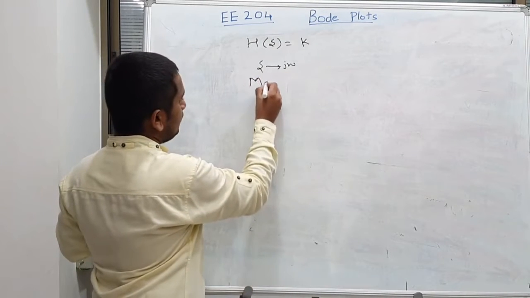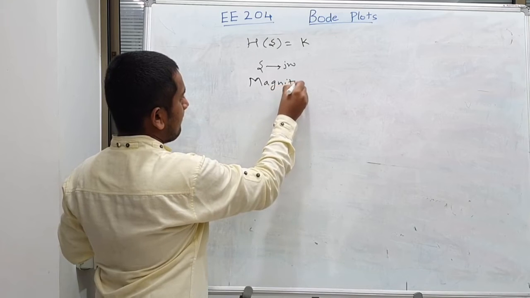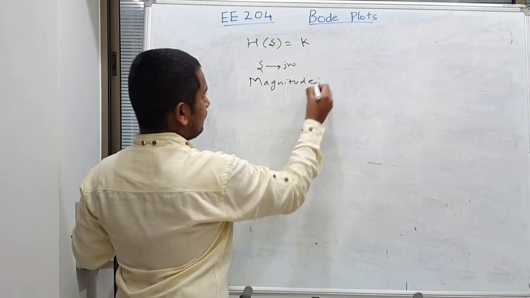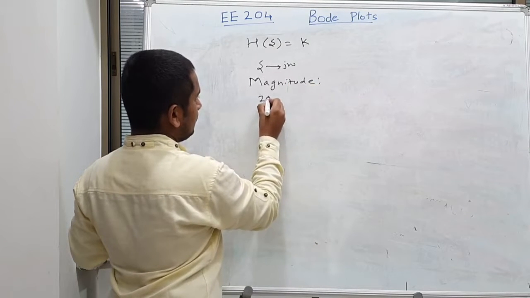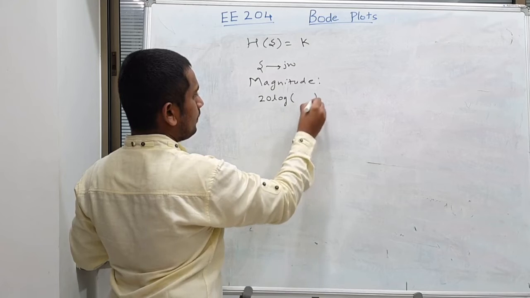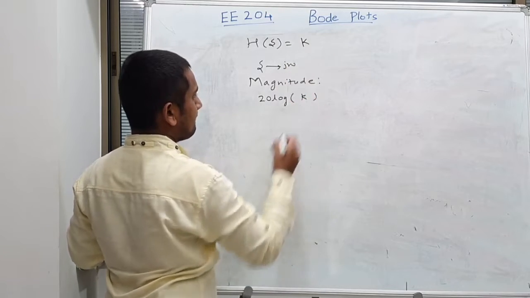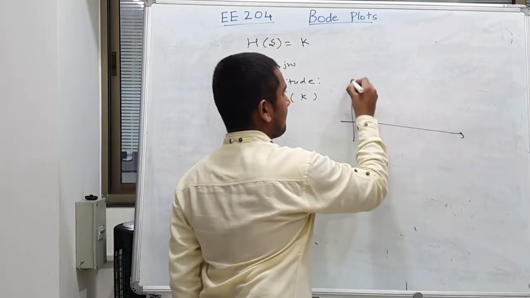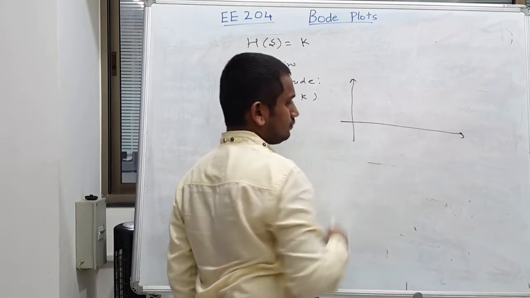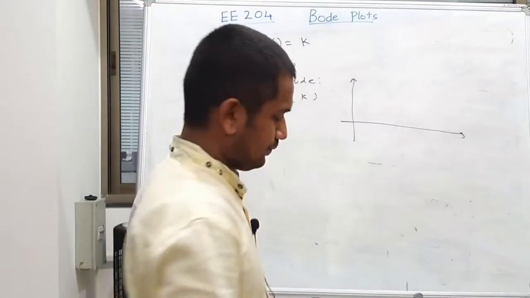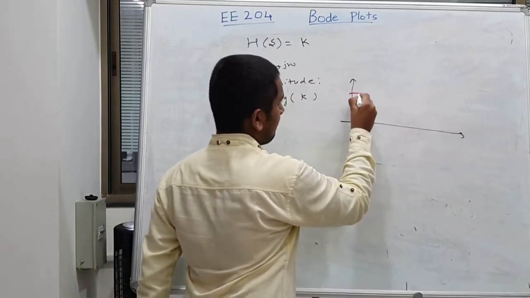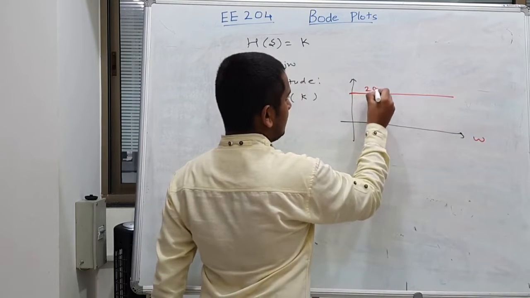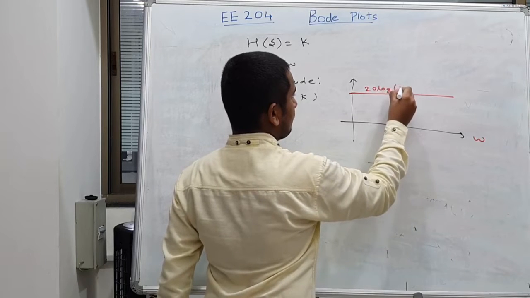So in magnitude plot, H of j omega magnitude will be 20 log operation on magnitude, that is k. The magnitude plot will look like some constant throughout a range of frequency with 20 log of k.